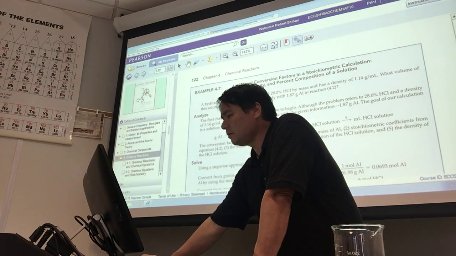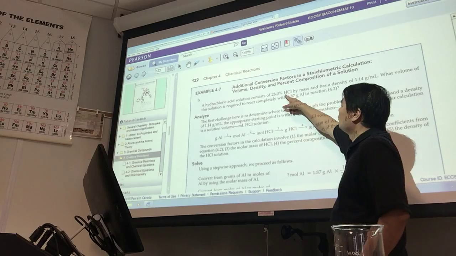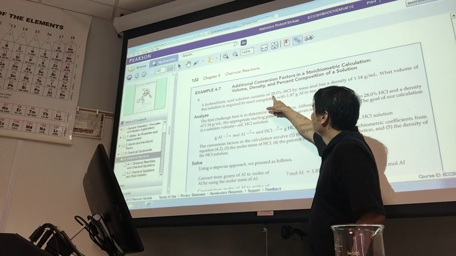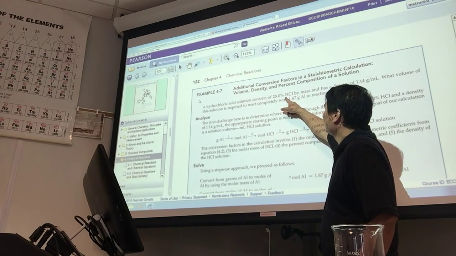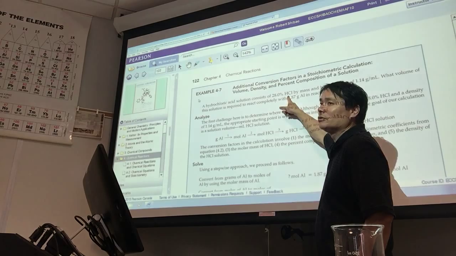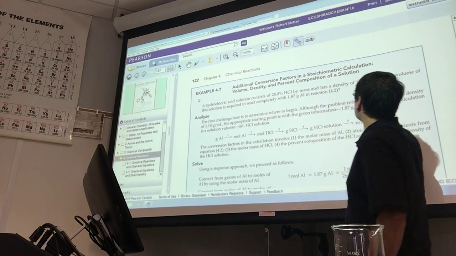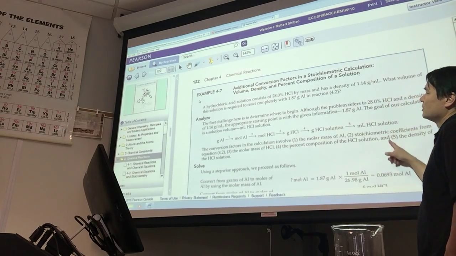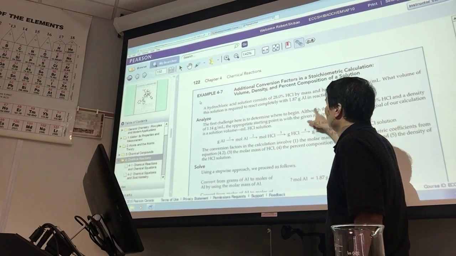It doesn't have to be a solid mixture, it could be a liquid mixture too. For example, this is HCl and water, hydrochloric acid solution. There's a 28.0% HCl by mass. And so for every 100 grams of hydrochloric acid solution, 28.0 grams is pure HCl. And they give us the density here. What volume of the solution is required to react completely with 1.87 grams of aluminum in this reaction?